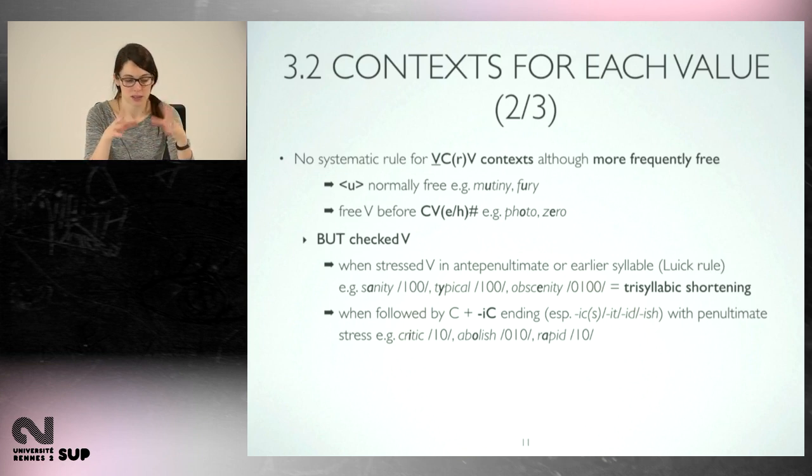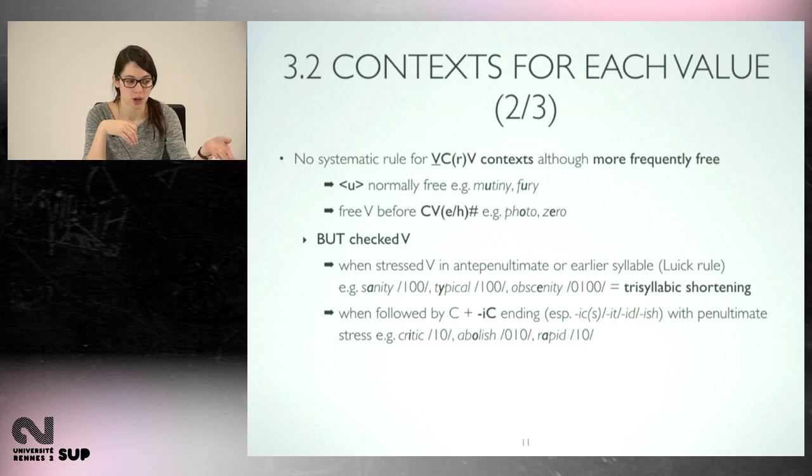What this means, to be more concrete, is that when the consonant is followed by an ending such as ik or ix, it, id, or ish, the preceding vowel is usually short. And that's what you have in critic and abolish and rapid, for instance.